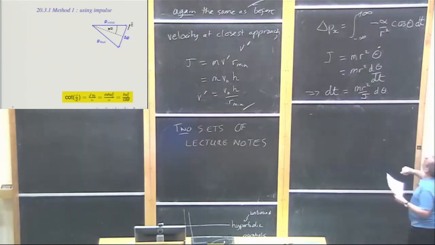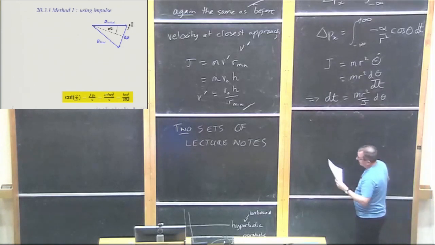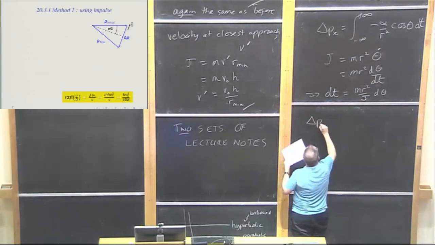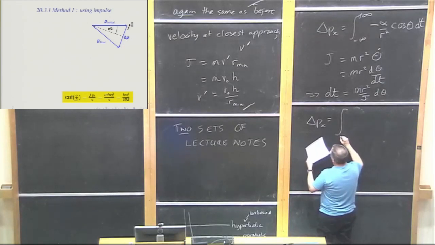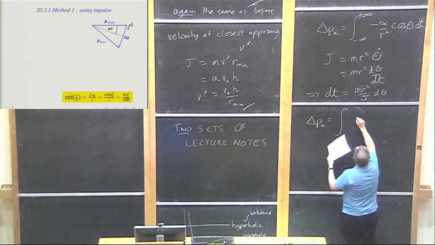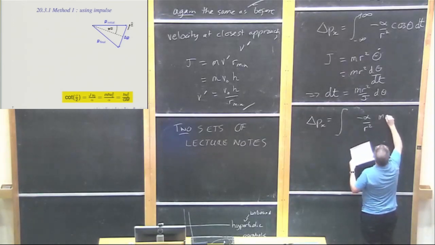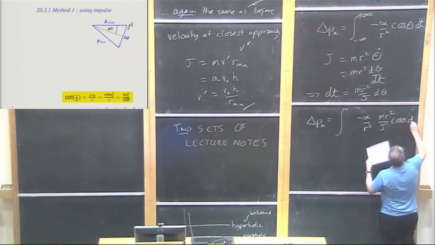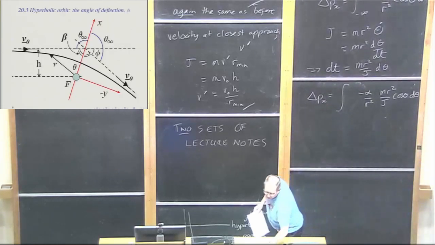It means that we can rewrite the integral over time as an integral over theta. J, of course, is constant, and that's the wonderful thing about it. So let's write that. Delta px is equal to, therefore, an integral over d theta of minus alpha over r squared times mr squared over J cosine theta d theta, and we need limits.